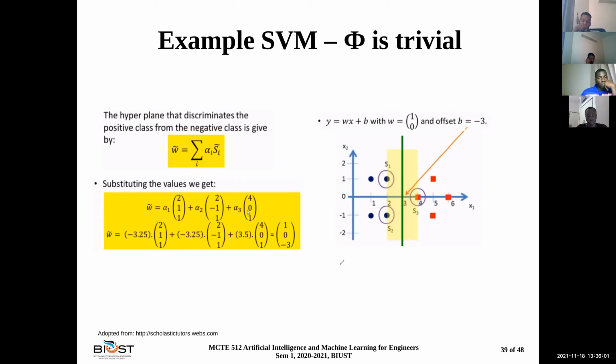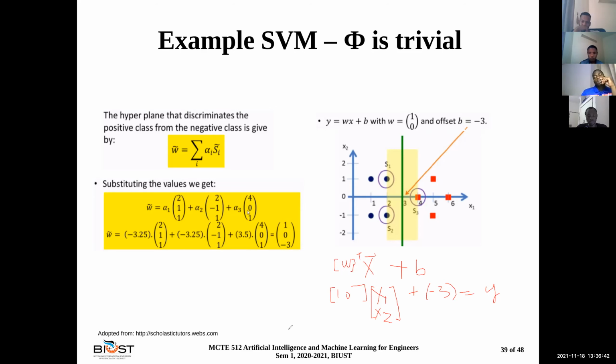So that means that if you have X1, you have W transpose times X plus whatever B. So because W is 1 and 0 times X1, X2, plus, in this case, -3 is the classification Y. Okay, now let's check.